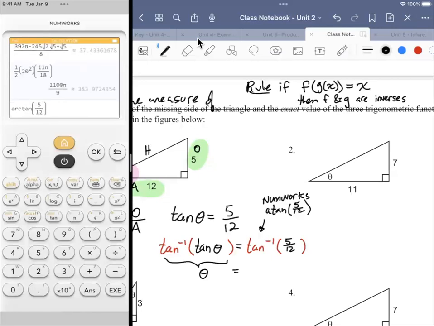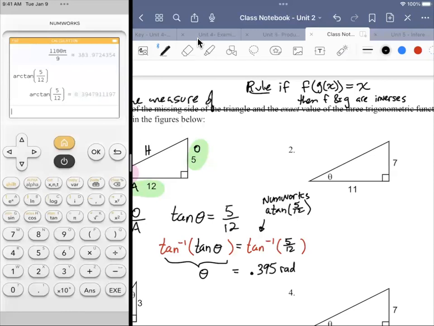All right. Now, in the upper left-hand corner of my calculator, you could see it says rad. So I need to remember that's going to give me the indication of what kind of answer I'm going to get. All right. So I get 0.395. This is radians.